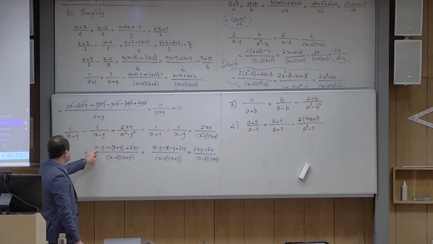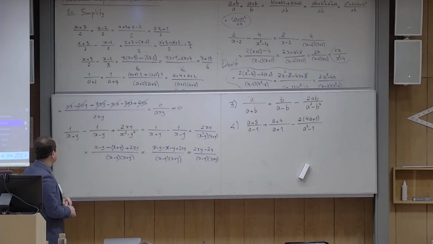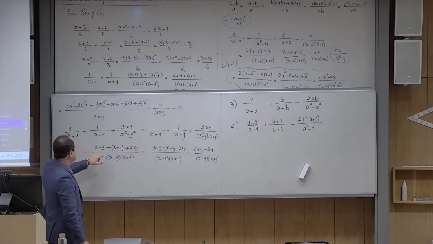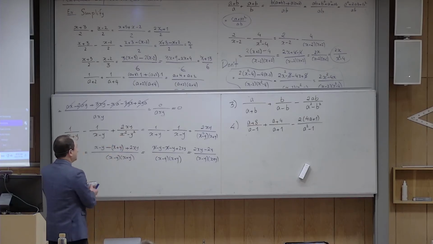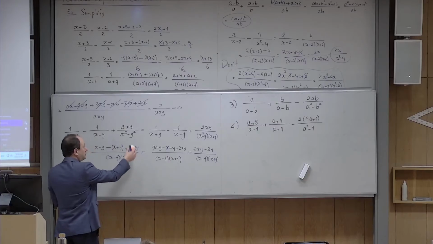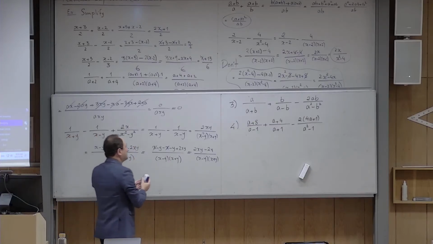X minus y minus x plus y plus 2xy. Apparently not. Yes? On the third fraction on the top, the beginning. Yes? It was in the beginning 2x, not 2. Aha, okay, thank you. So the original problem I wrote was this one for you, sorry.